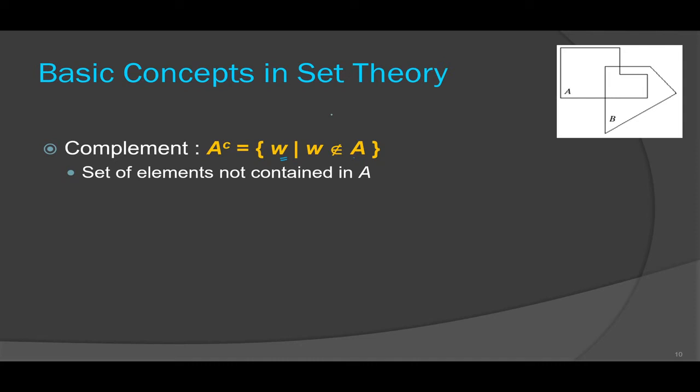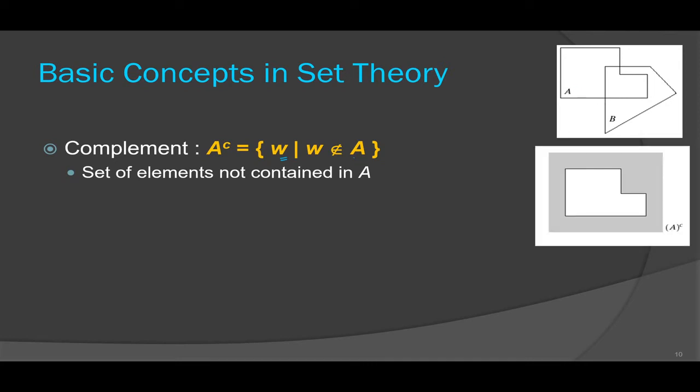Suppose these two objects are given as A and B. If I want to find the complement of A, this is my object A, so the elements that are not part of A, all the outside elements, form the set A complement. The set of elements that are not contained in A, that is A complement.